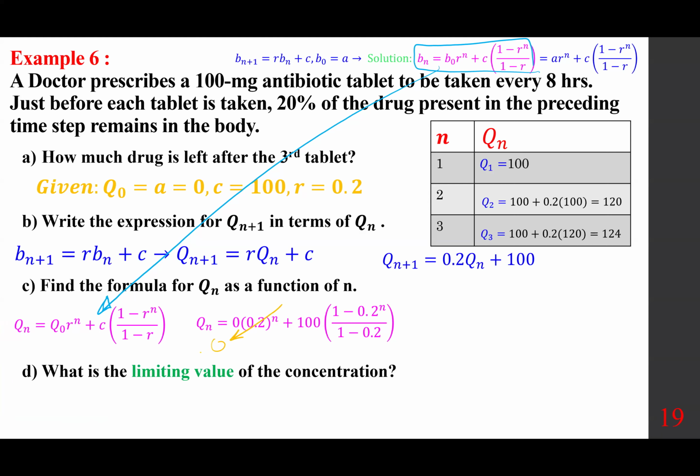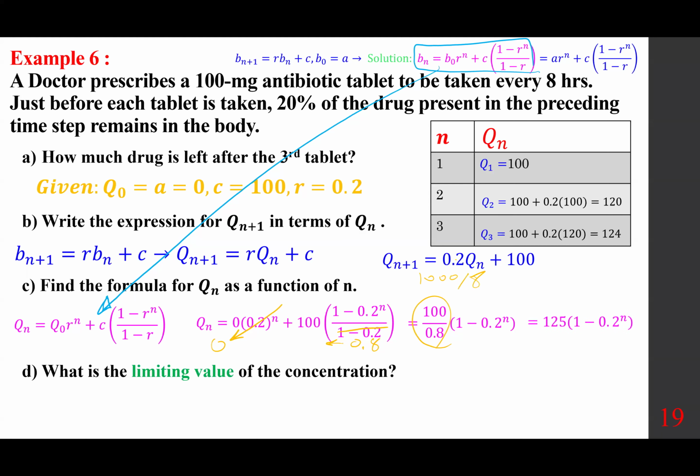This goes to 0 because it's being multiplied by 0. This is 0.8, which becomes the denominator of 100. This is 1,000 divided by 8, or 125.